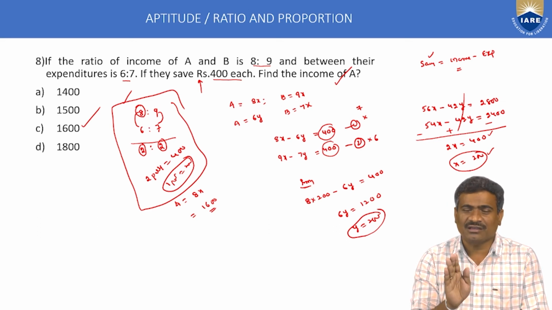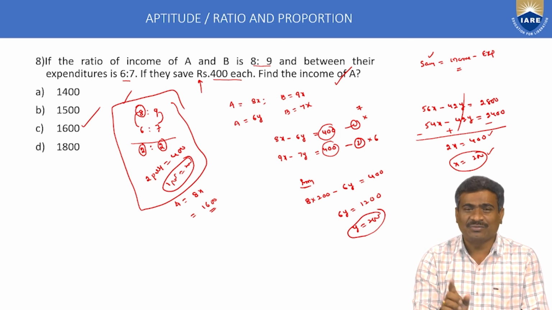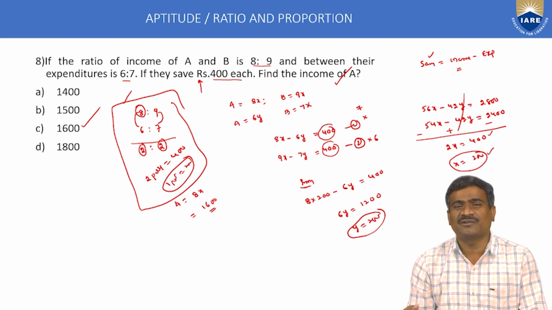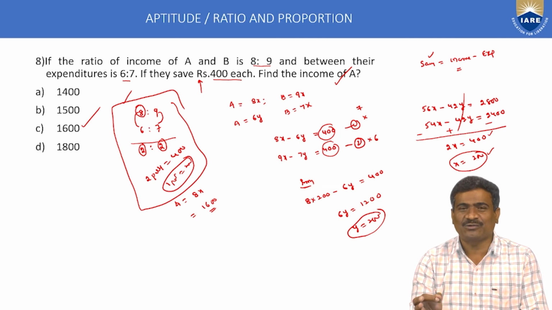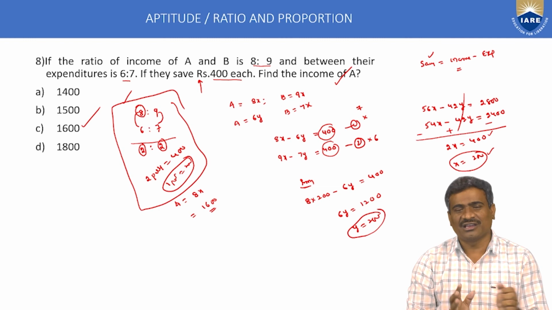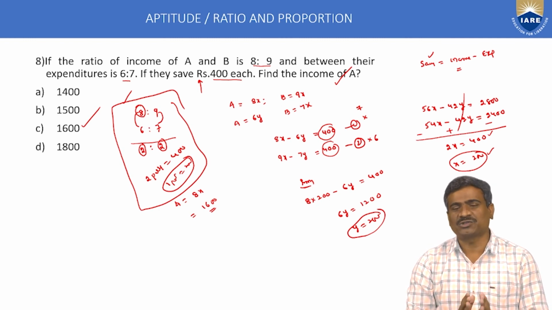When A saving is not equal to B saving, the shortcut method is not applicable. Only the equation solving method is applicable. By using two equations, calculate x and y. That is the general procedure of the given problem. Covered two methods, general method and shortcut method.